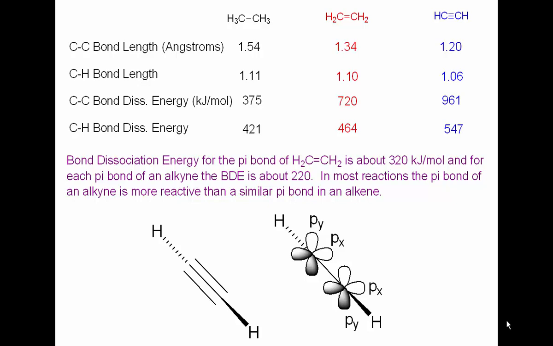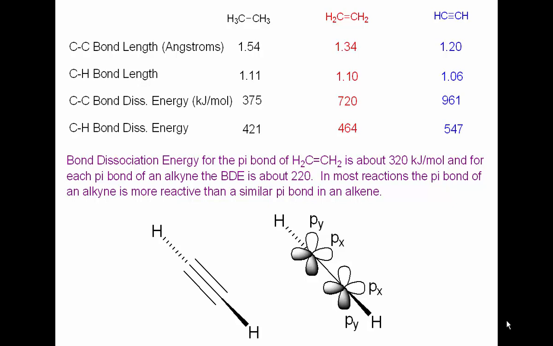If we subtract 375 from 720, I guess it's 345, but the sigma bond contribution, because it's between two sp2 orbitals, is a little stronger, so I drop it down to 320, and I do the same for the alkyne, because remember, the higher the percent s character, the stronger the bond is going to be. So I dropped the CC bond energy down a little bit and came up with this number 220. It's not an exact number, it's only an approximate number.